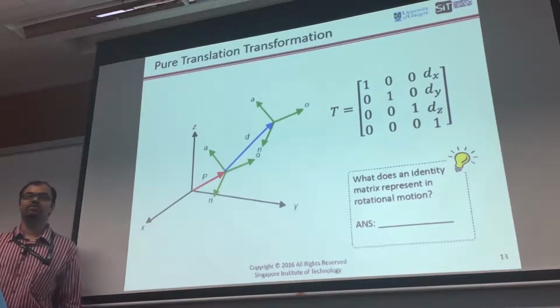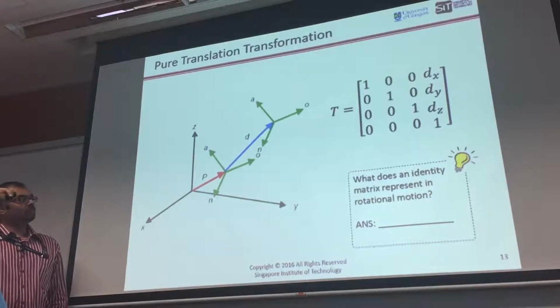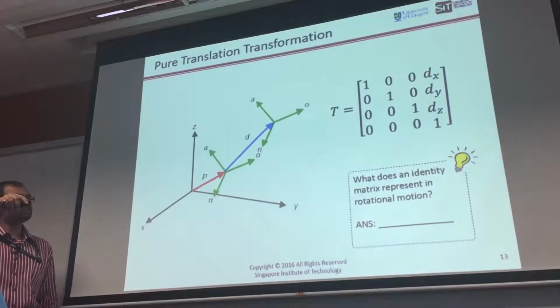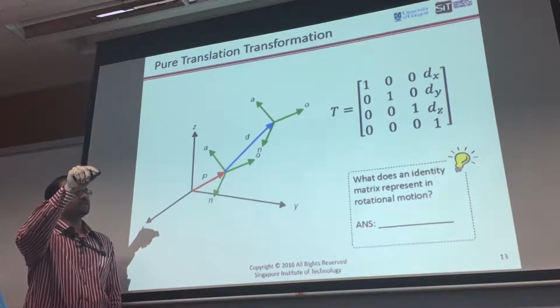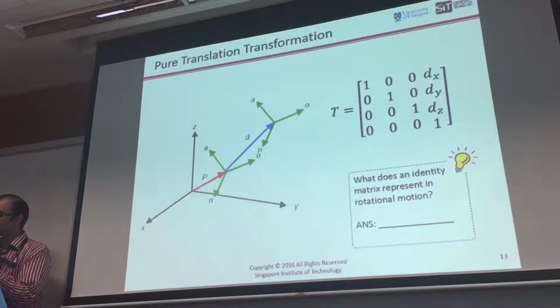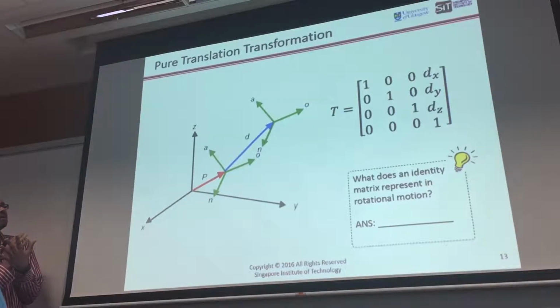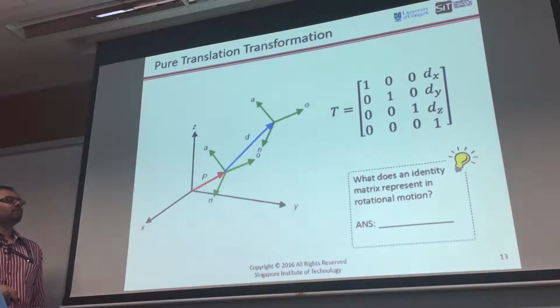When we go through the example today, you have to remember these formats. For pure translation, your rotation matrix will be the identity matrix. That means there is no rotation. You just need to put in these dx, dy, dz terms.